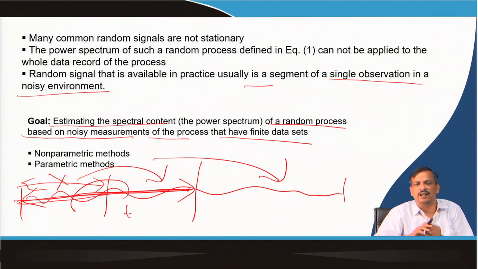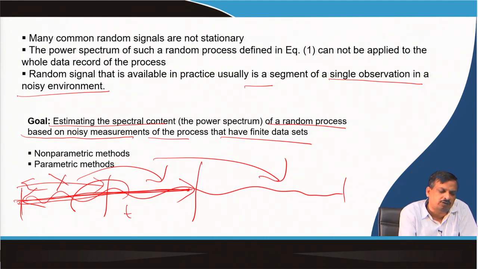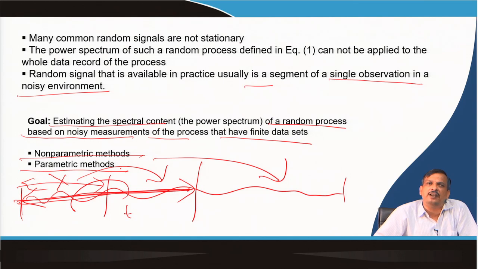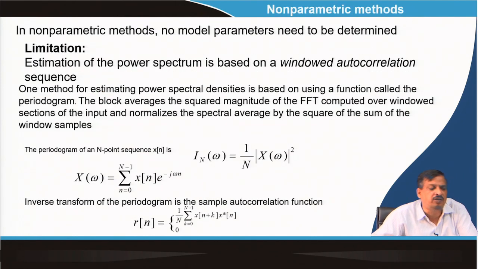Noise is there, a finite set of data is given, and I have to find the spectral estimation. There are two methods: one is called the non-parametric method, and the other is called the parametric method. Non-parametric means without designing any model; parametric means I design a model and then estimate the power spectra.